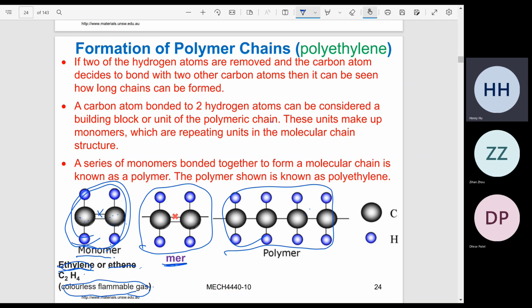These units make up the repeating units in the molecular chain structure, a series of mers connected to each other to form a molecular chain. You have thousands of molecular chains put together, and then you form a piece of polymer. In this case, we call it polyethylene.